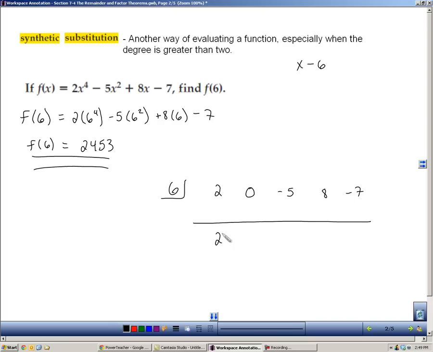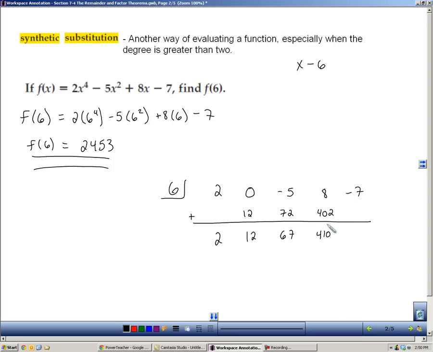Bring the 2 down. 6 times 2 is 12. Add, you get a 12. 6 times 12 is 72. Add, we'll get a 67. 6 times 67 is 402. Add those together, we get 410.